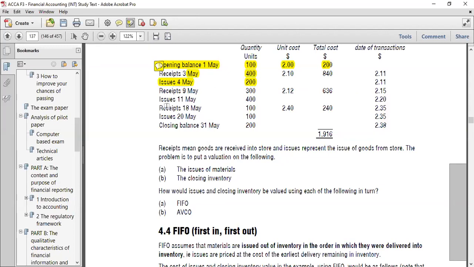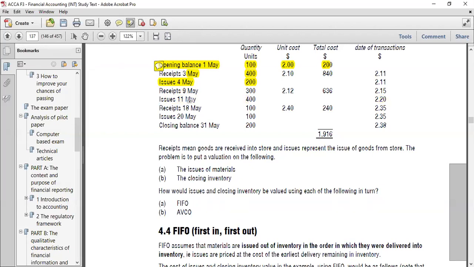That one no longer exists, because we've used all of it. Remember, we used only 100 of the inventory on 9th May, so we still have 200.